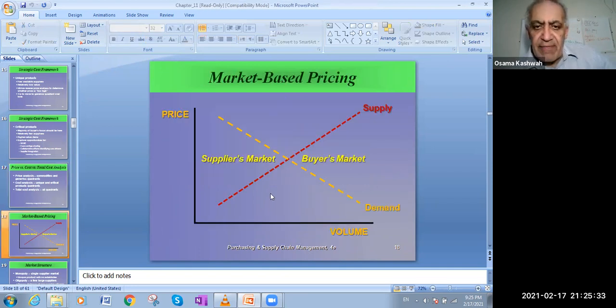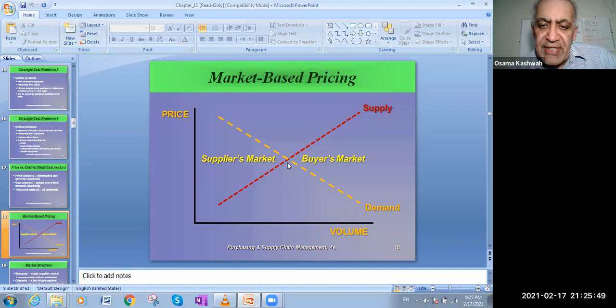So here we have the supplier market and the buyer market, and they intersect. Market-based pricing means how the prices will be determined in the markets, by the intersection of the demand and the supply. Here is the demand, here is the supply.